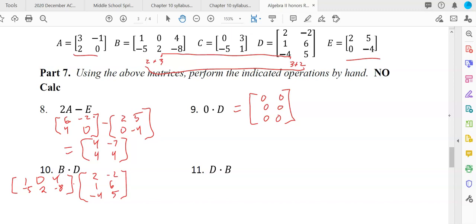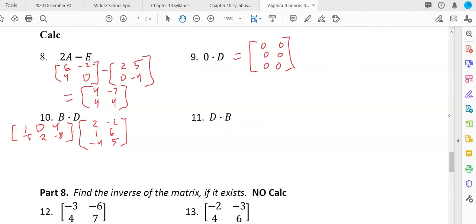You do row times column here. So the top row will be 1 times 2 is 2. 0 times anything is 0. And 4 times negative 4 is negative 16. 2 minus 16 is the top left. Top right is 1 times negative 2 is negative 2, plus 0, plus 20.